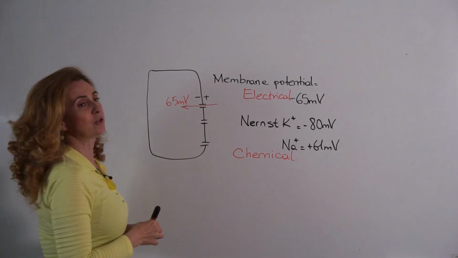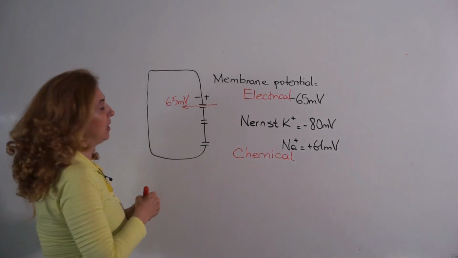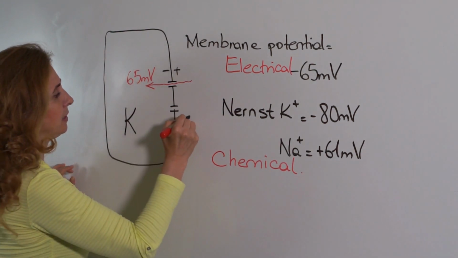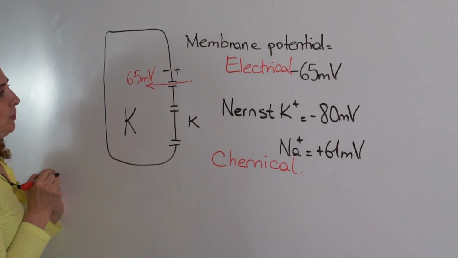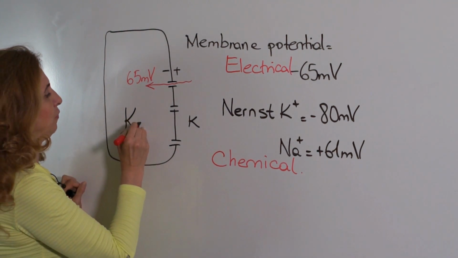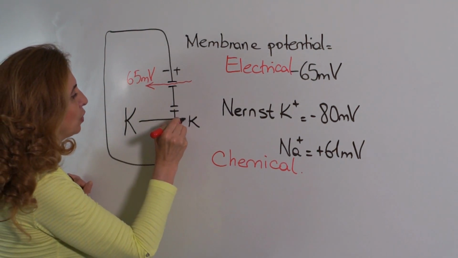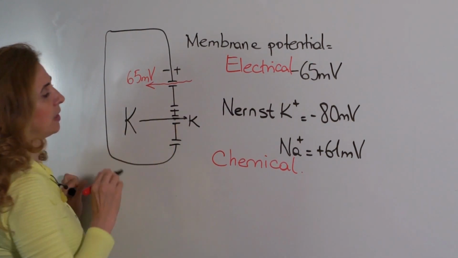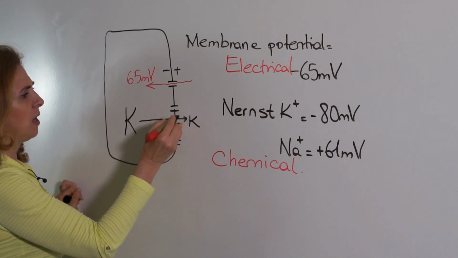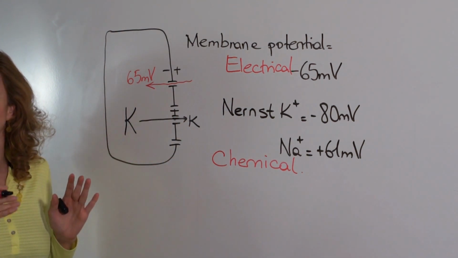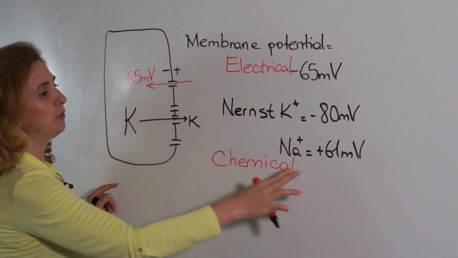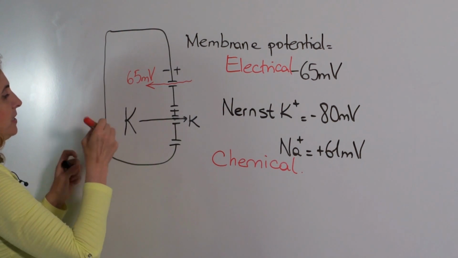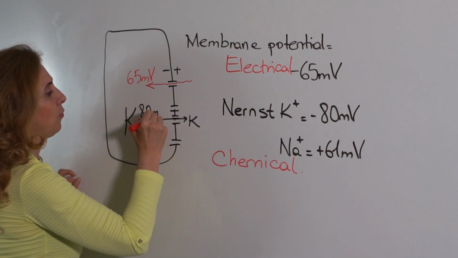The second force is going to be the chemical force. What is it? High potassium inside and low potassium outside. We know that the chemical force will be from high towards low, and of course it's going to pass through the ion channels. We know its direction, but what is its amplitude? Its amplitude is equal to the Nernst potential of potassium, which is 80 millivolts.